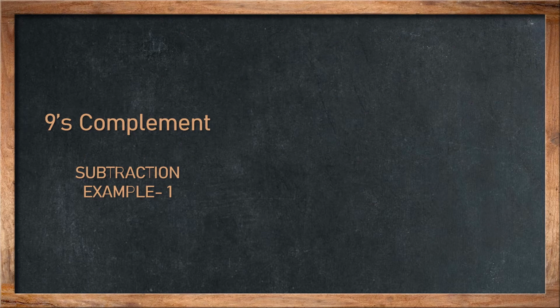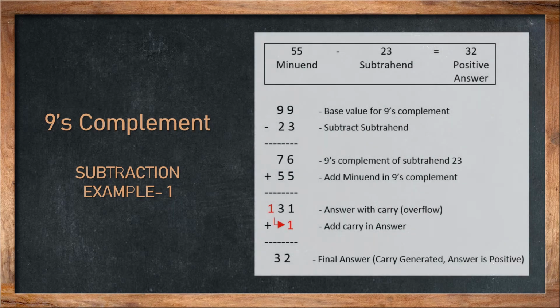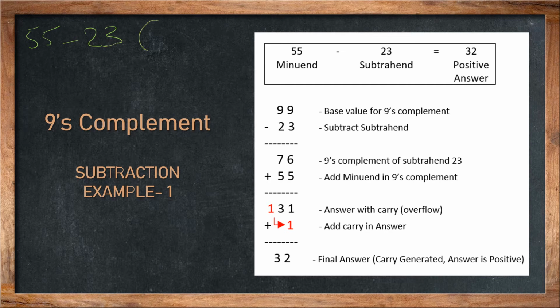Okay guys, let's start with the first example. Our first example is 55 minus 23. Whenever you are asked to perform some particular operation, it will be written over here, for example nines complement, meaning you have to perform this operation with the 9's complement method.